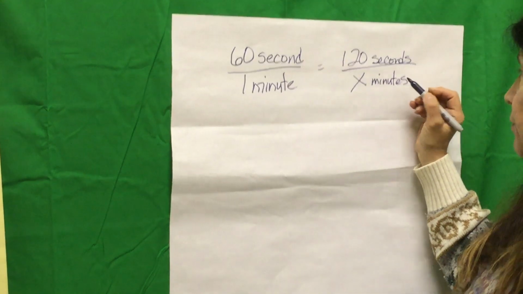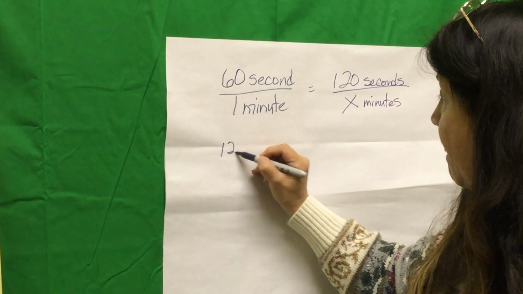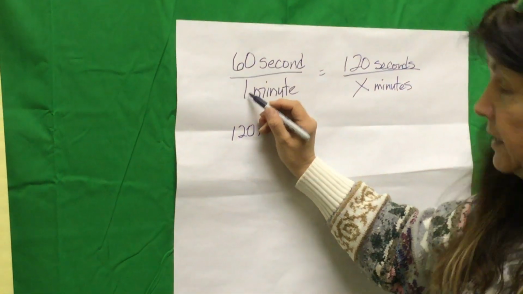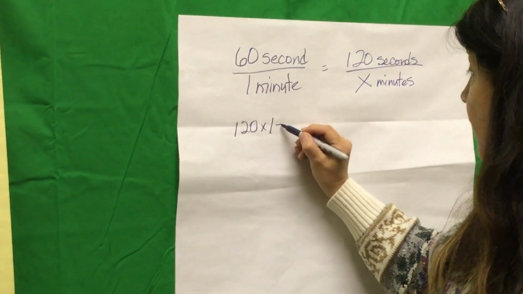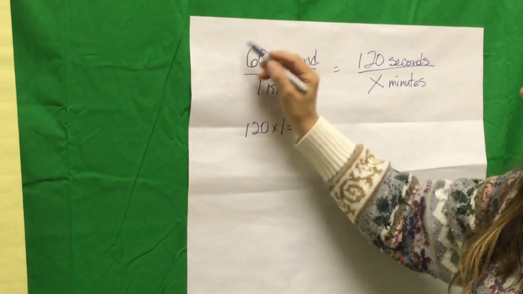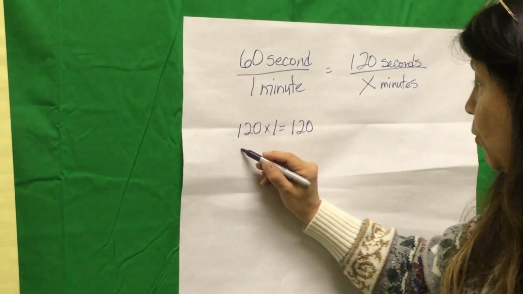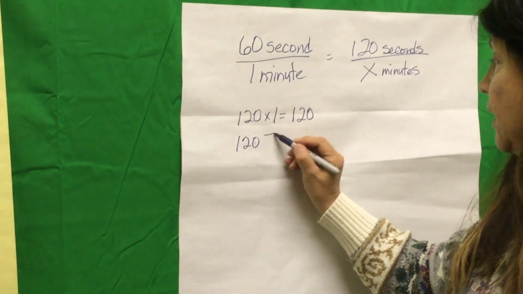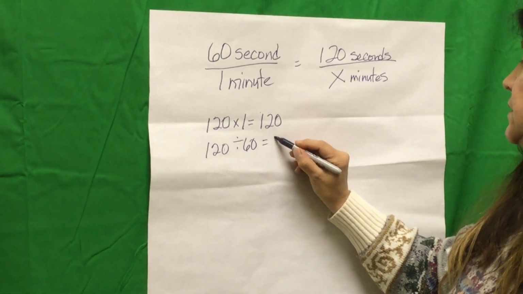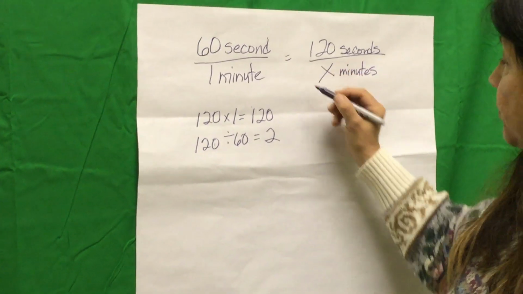So what you do is you take 120, that value, multiply it times this value, and then divide it by the value up here. So I'm going to just take 120 divided by 60, which equals 2. So there'll be 2.